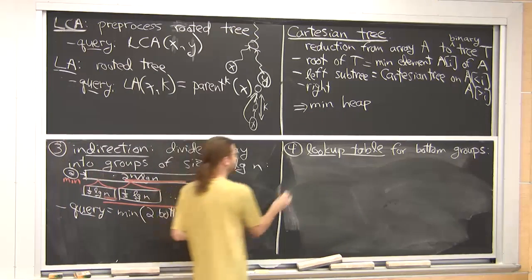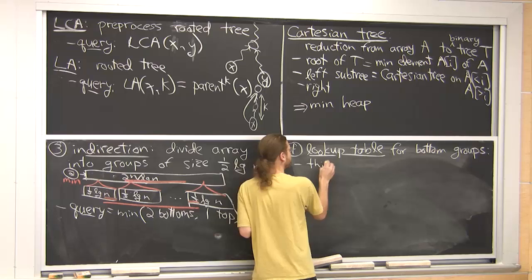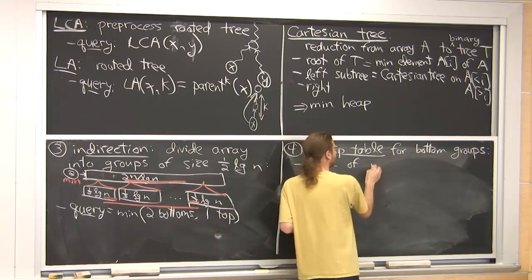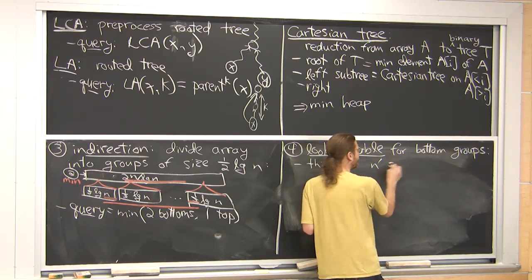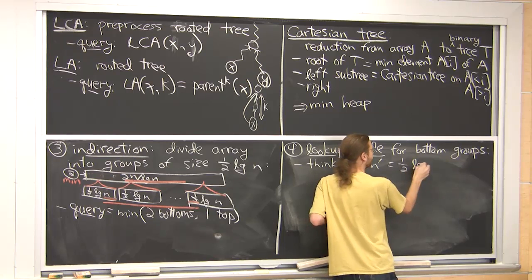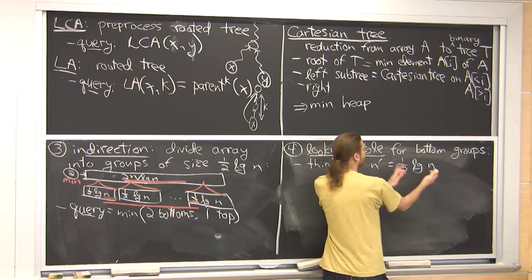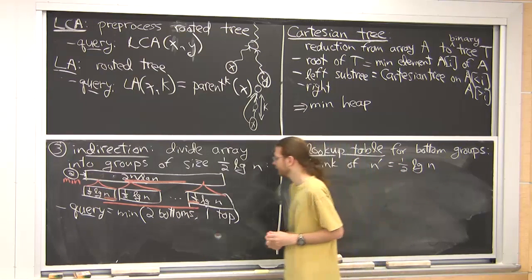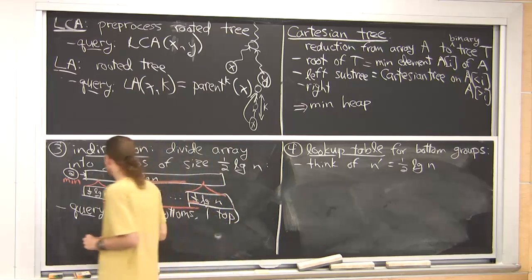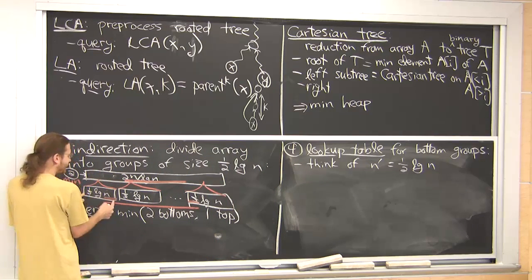But for now, let's just think of one group. So it has size n prime, and n prime is half log n. I need to remember how it relates to the original value of n so I know how to pay for things. The idea is there's really not many different problems of size half log n.